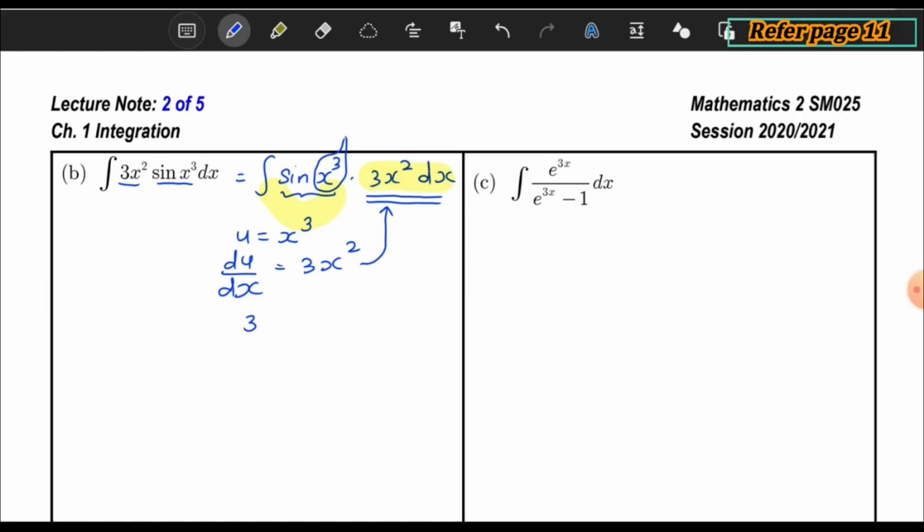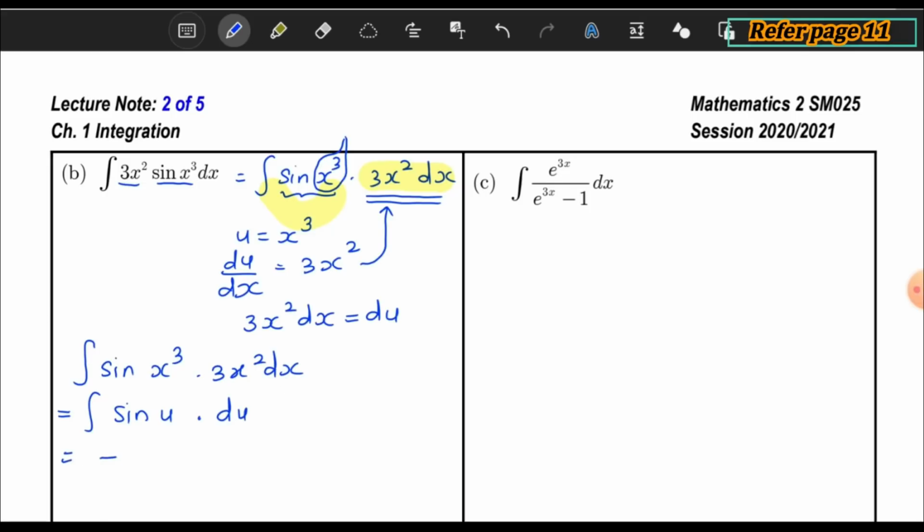Okay, so now we rearrange 3x squared dx equal to du, meaning that integration of sin x cubed 3x squared dx can be written as integrate sin u times du. Okay, 3x squared dx is du. And if we integrate, we will get negative cos u plus c, or negative cos x cubed plus c.